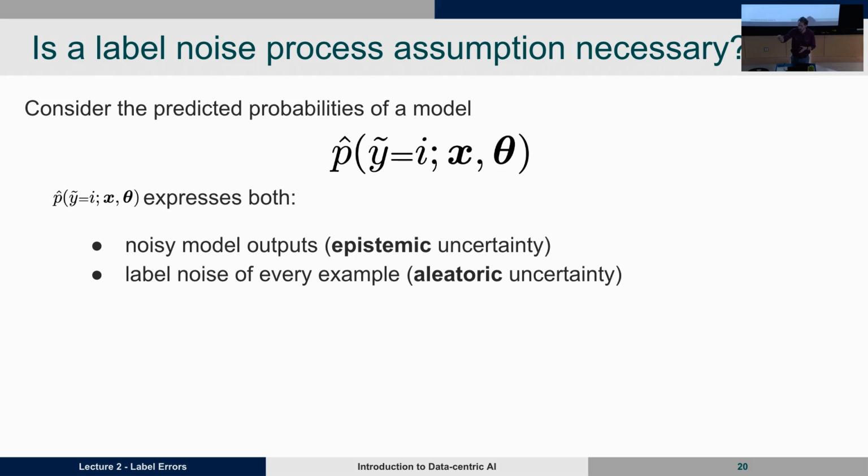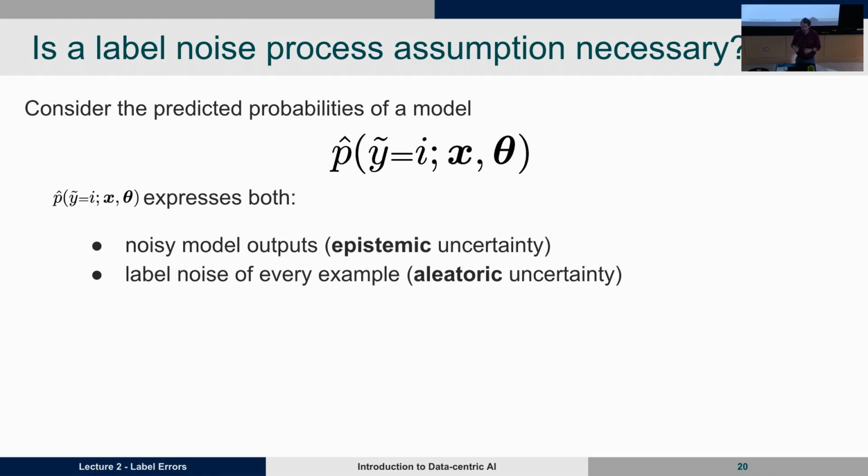It's not going to just be 1 for the class. It'll be like 0.7. Well, that 0.7 tells you how much the model thinks that this example should fit to that label. And it also tells you how much this example should fit to the other labels. So it's giving you an idea of the label for all the examples, which is the same concept of finding the noise in the labels.